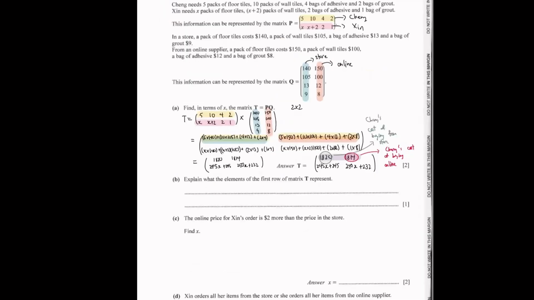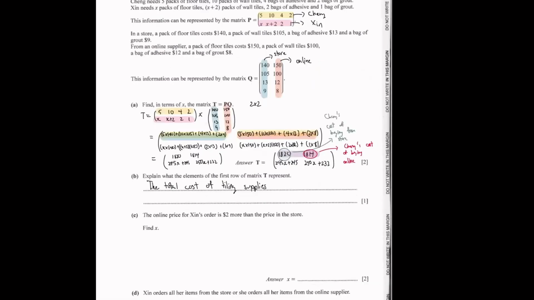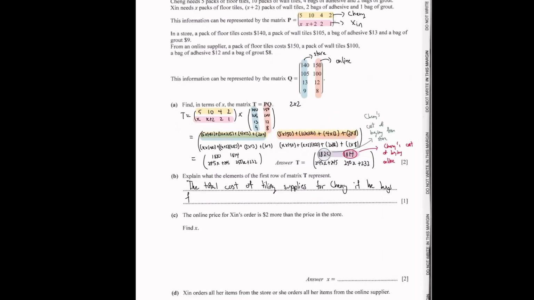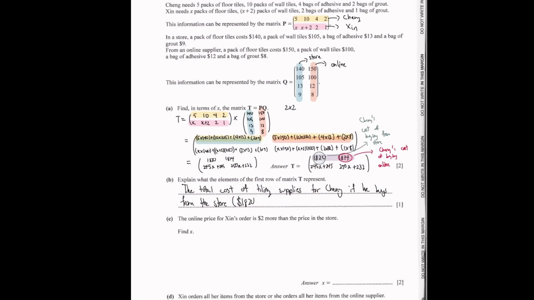So the top row is the total cost. So we can write the total cost of tiling supplies for Cheng if he buys from the store, which is 1820, and from the online supplier, which is 1814.